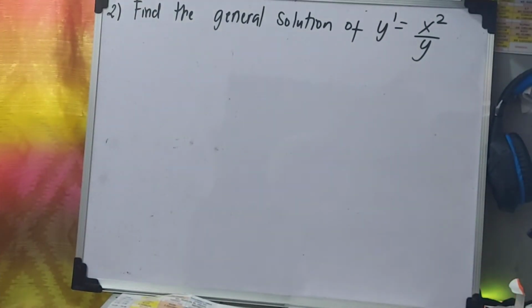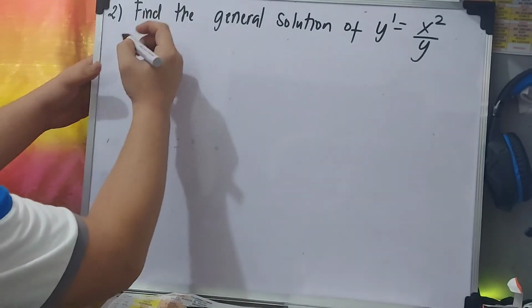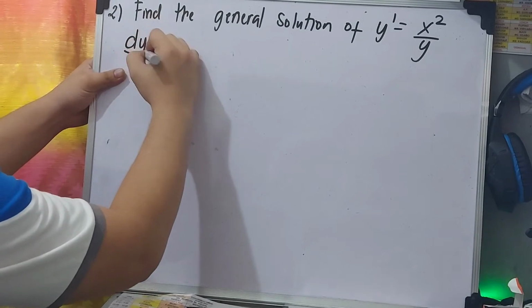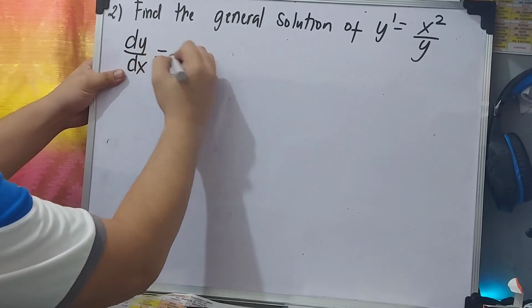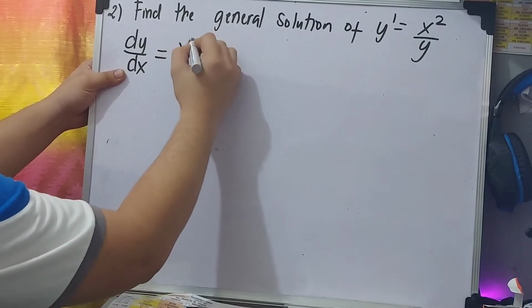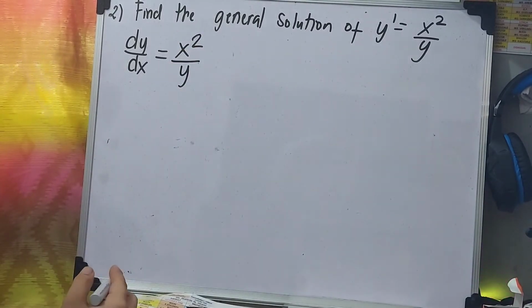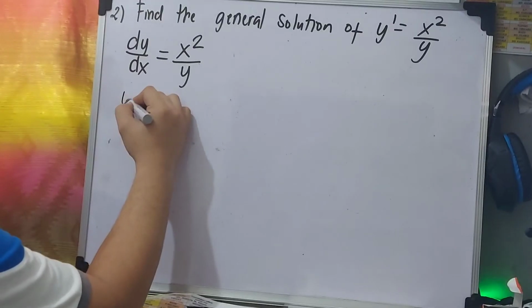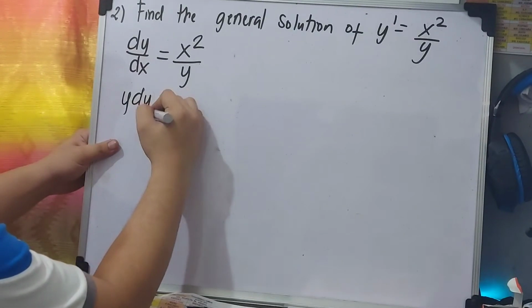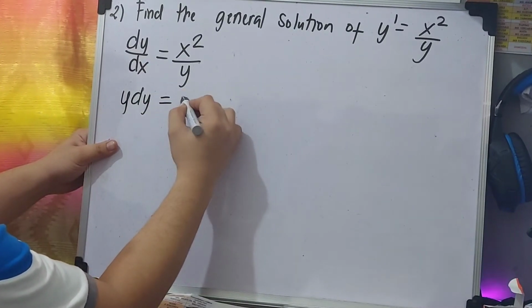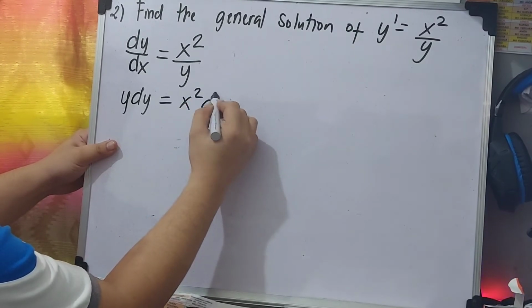Okay, example number 2. Find the general solution of y prime equals x squared over y. We all know that y prime is equal to dy over dx, and then equals x squared over y. Cross multiplying, we have y dy equal to x squared dx.